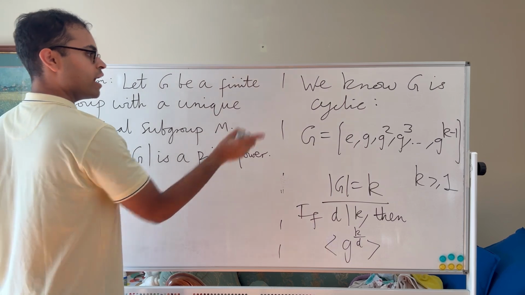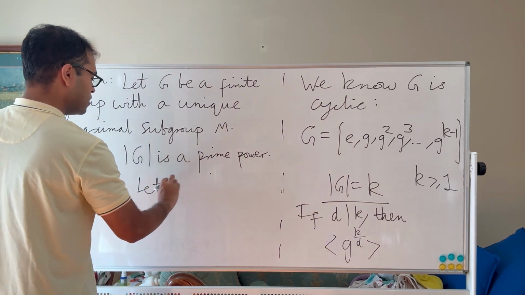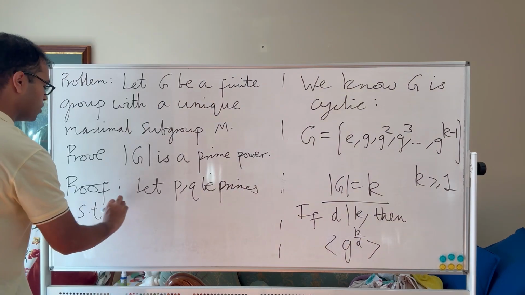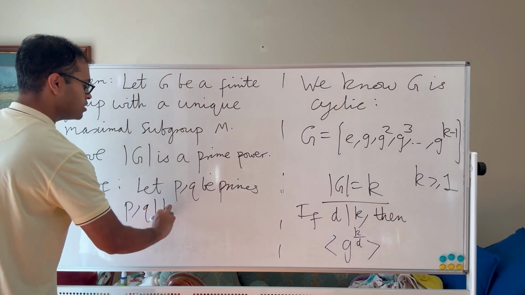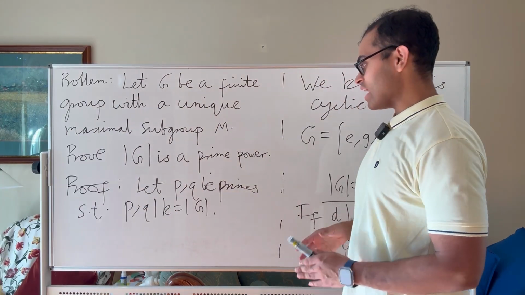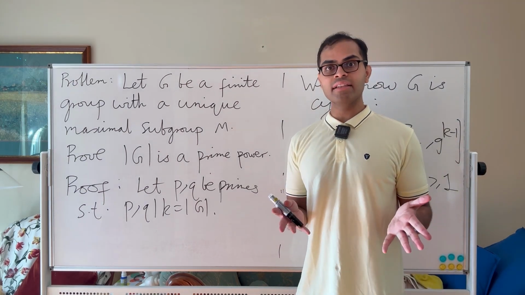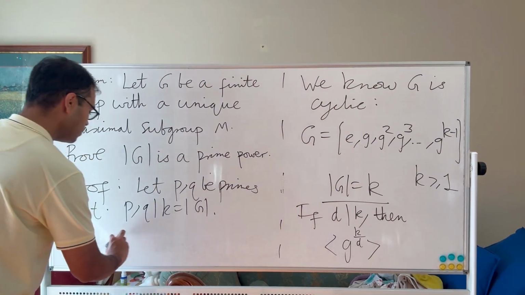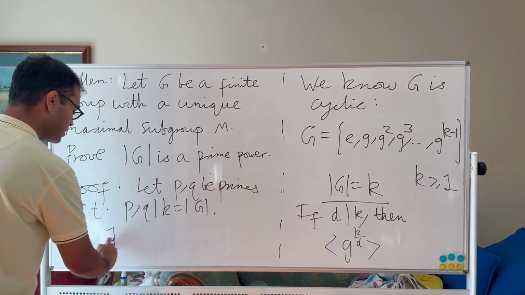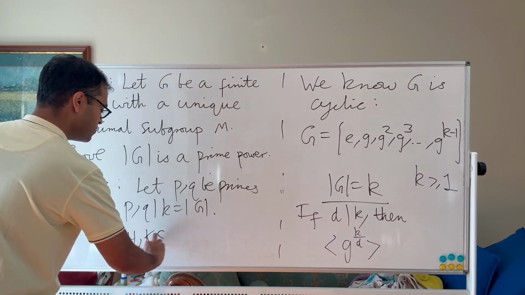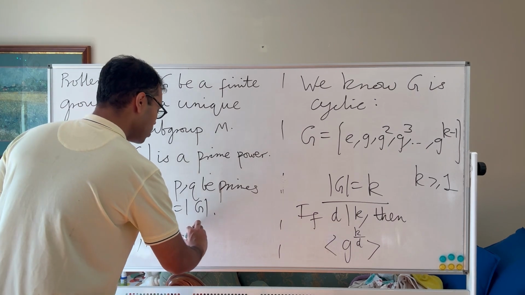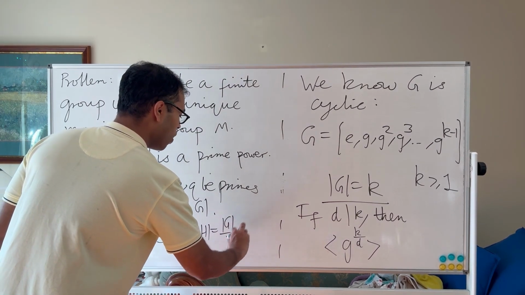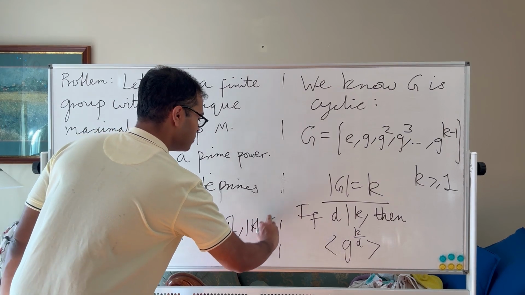So let p, q be prime numbers such that p and q divide k, which is equal to the order of G. Because every divisor of the order of G has a subgroup with that order, there exist subgroups H and K of G such that the order of H is equal to the order of G over p and the order of K is equal to the order of G over q.